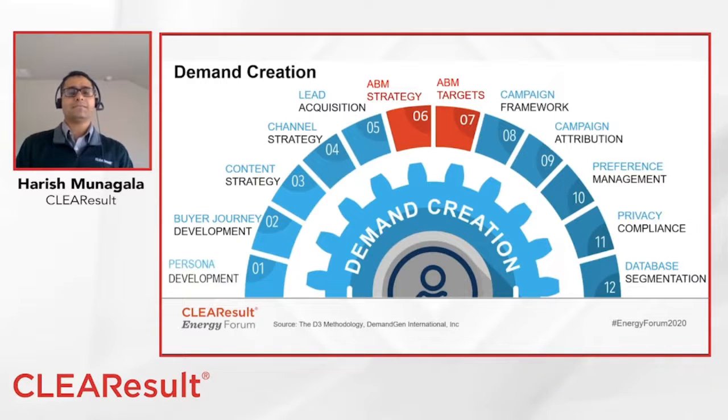So this process starts with persona development, understanding the customer base, who they are, and then what are their attributes. Then getting into their buyer journey development. How are they engaging with us? What are the channels with which they are engaging with us? And then coming up with a content strategy to speak to each of those stages within their buyer journey.